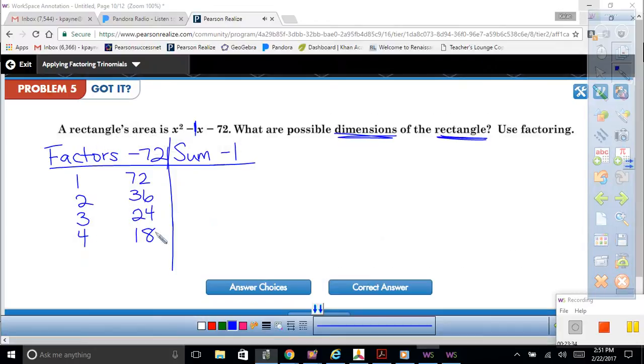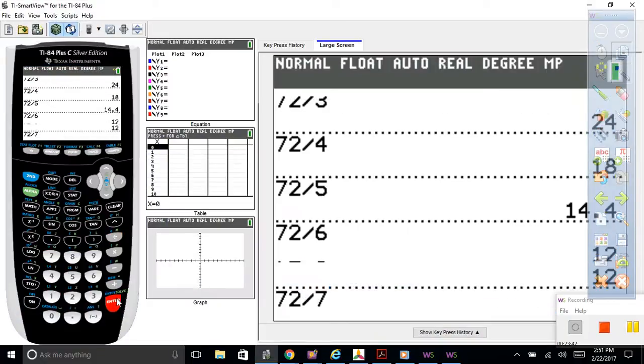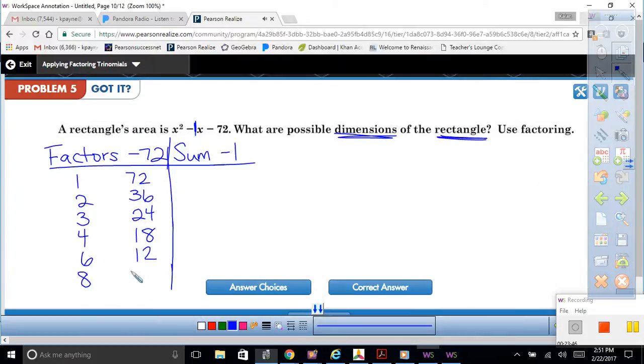So that's another pair of factors we need to put on there, 6 and 12. 72 divided by 7, if you weren't sure, try it, and it's not. 72 divided by 8 is 9. And then those are only 1 away from each other, so that's when we know we're done, because after that we would have 9 times 8, but we really already have that, 8 times 9.